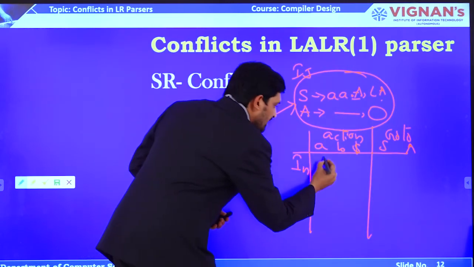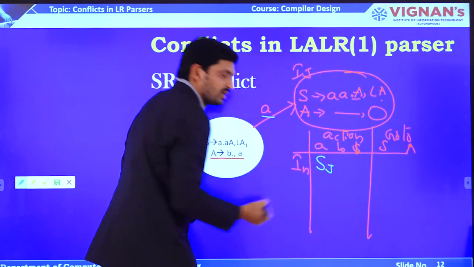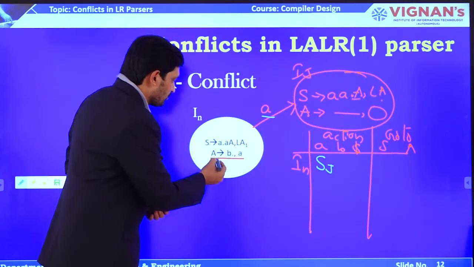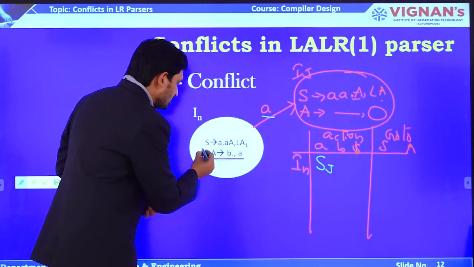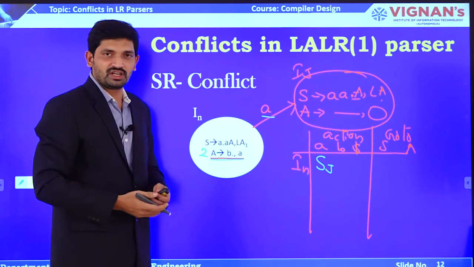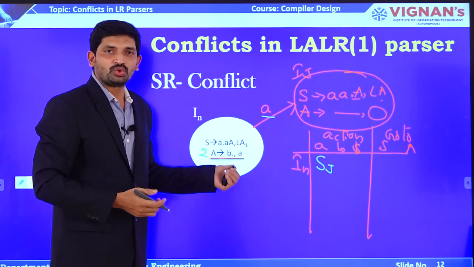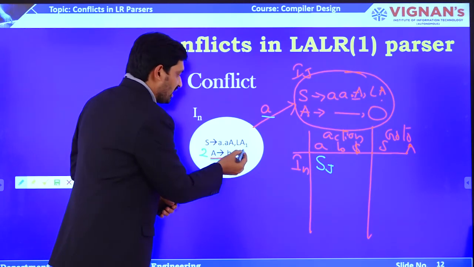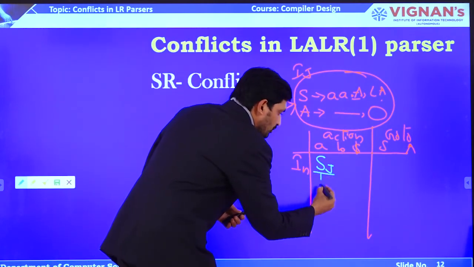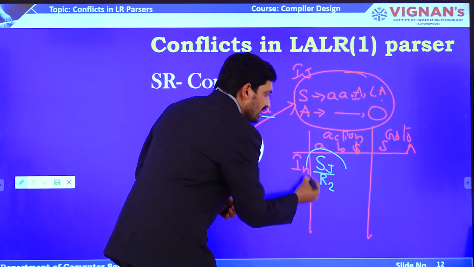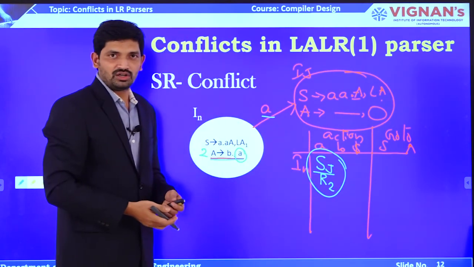So, I have to write S_j here, and because of this final item, we have to perform the reduce operation. Let us say this is the production number 2 in the given grammar. So, I have to write R2 operation in the place of a because a is the look ahead symbol. So, I have to write R2, which indicates the SR conflict.